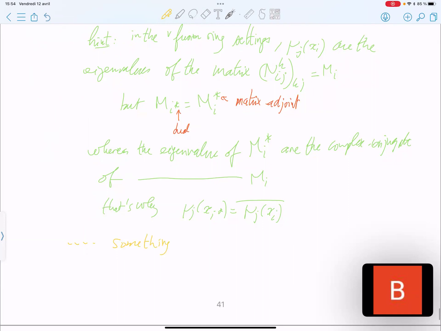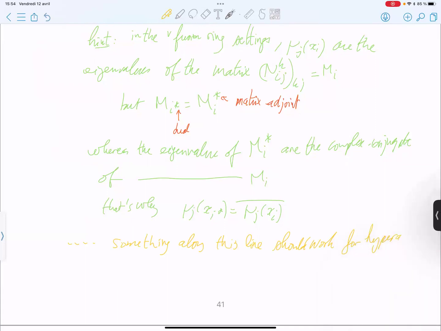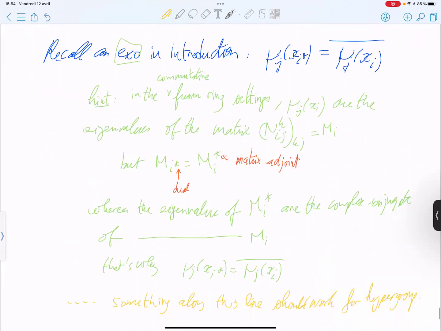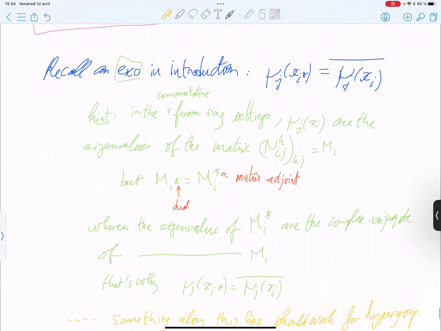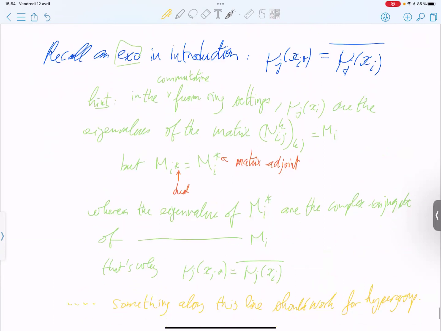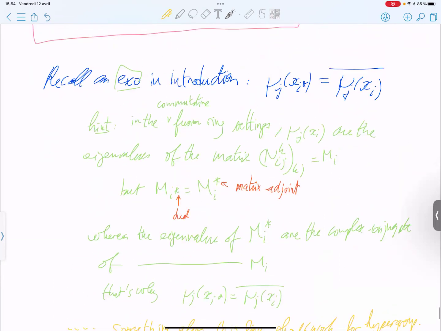Something along this line should work for hypergroups. In fact, it should be exactly the same thing. Anyway, that's why we have this.